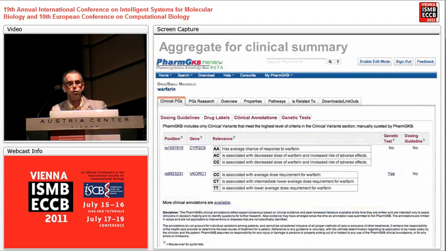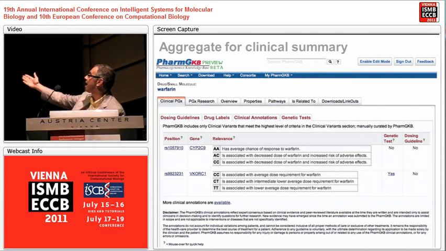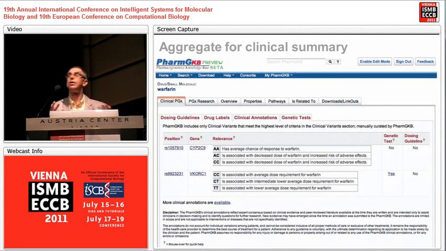And then the third new thing that we're going to integrate is we're going to take all of those variants and we're going to turn them into a clinical summary, which is if you are a person who has an AA at this particular SNP, then you have an average chance of responding to warfarin. You have an average expected response, whereas for different genotypes, you might need a higher dose or a lower dose or have a higher risk of side effects.